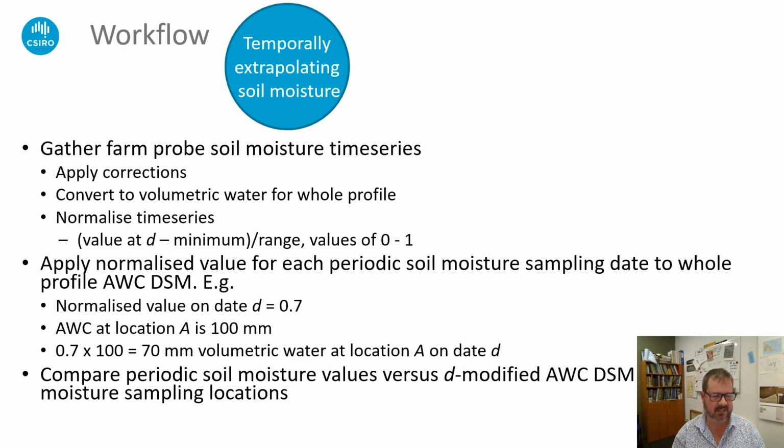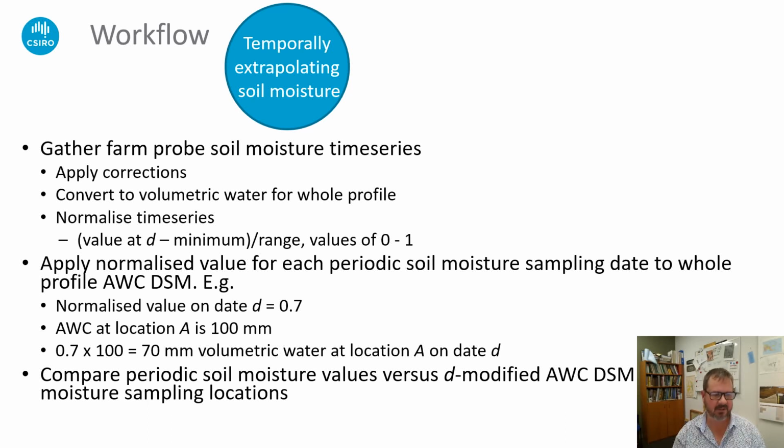So for example, the normalized value on date D is 0.7. This is from Jake's time series data. And we have an AWC value at location A of 100 millimeters.